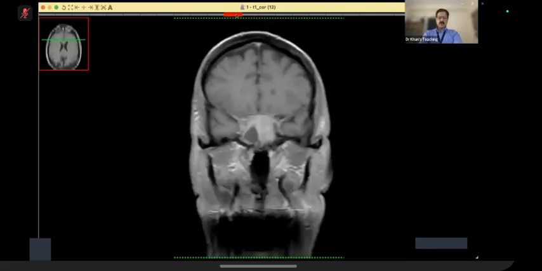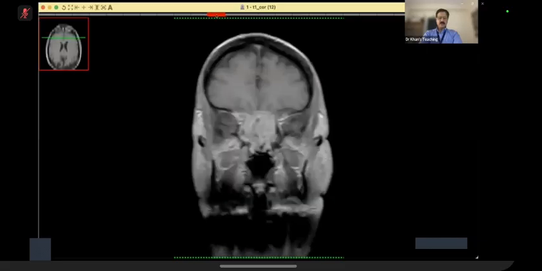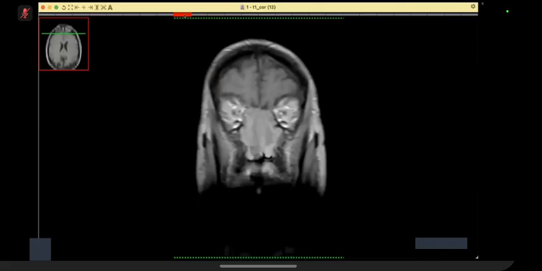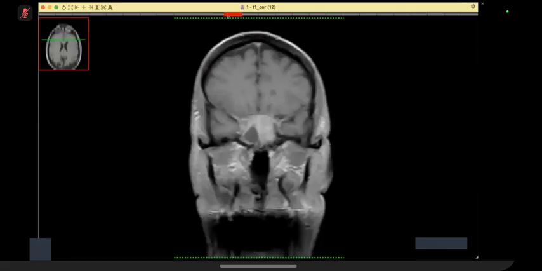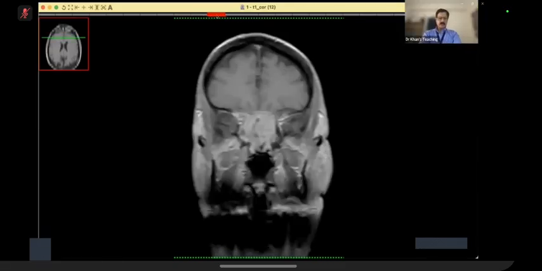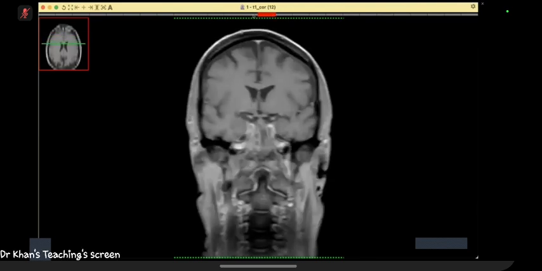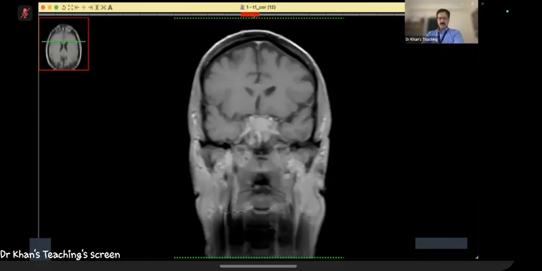Where is the optic chiasma? I think the optic chiasma is also involved. So this could be a lesion within the optic chiasma. Where is the optic chiasma? Can you point it out to me, please? Yes. Over here.